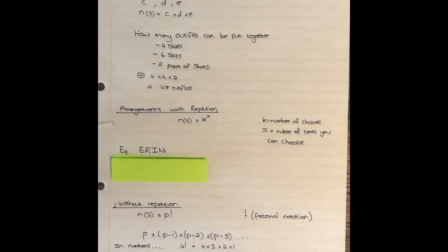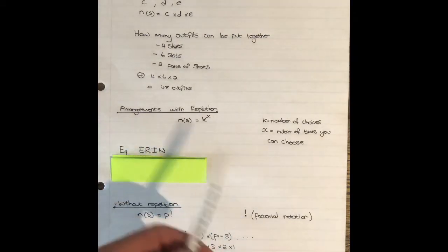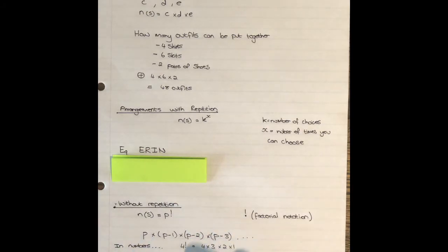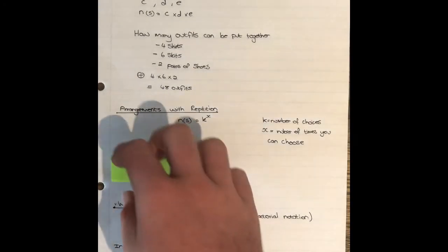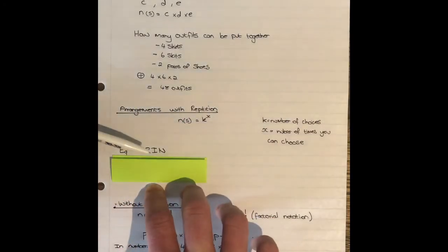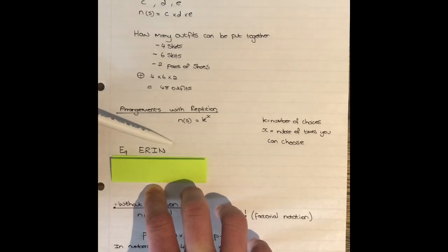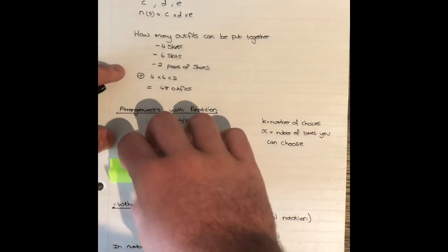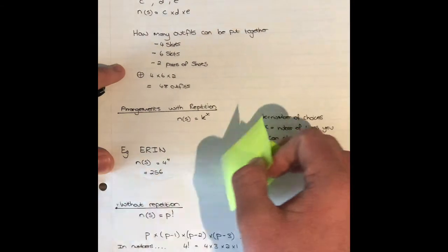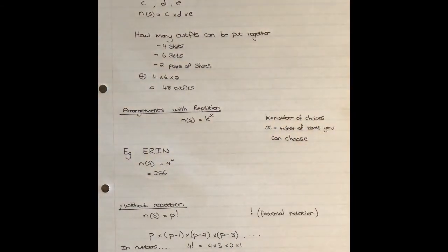For example, let's look at the name Aaron and how many times you can rearrange the name Aaron with repetition. As you can see, there's nothing really repeated, so this is a very good example. So let's see Aaron. As you can see, k is 1, 2, 3, 4, so 4 choices. How many times can we choose it? 4 times. So therefore, it'll be 4 to the power of 4, which would be 256.